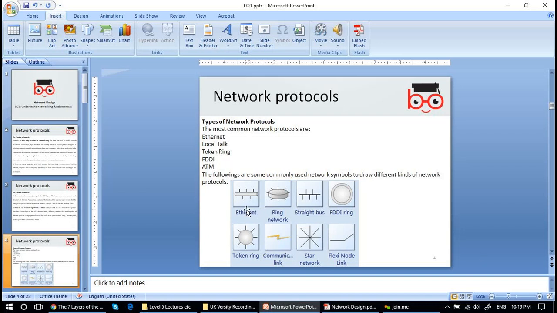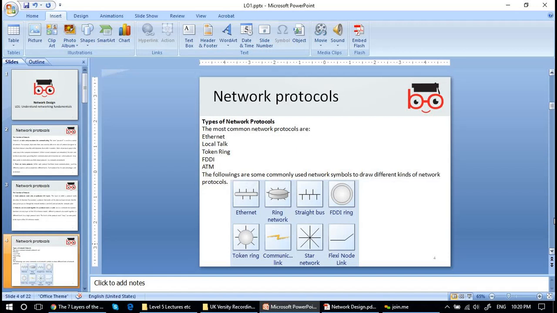Let's say if it is Ethernet, it would look like this. If it is a ring, it would look like a ring. Then straight bus, FDDI ring, token ring, communication link, star network, flexi node link. So these are basically the kinds of protocols, and they work accordingly.